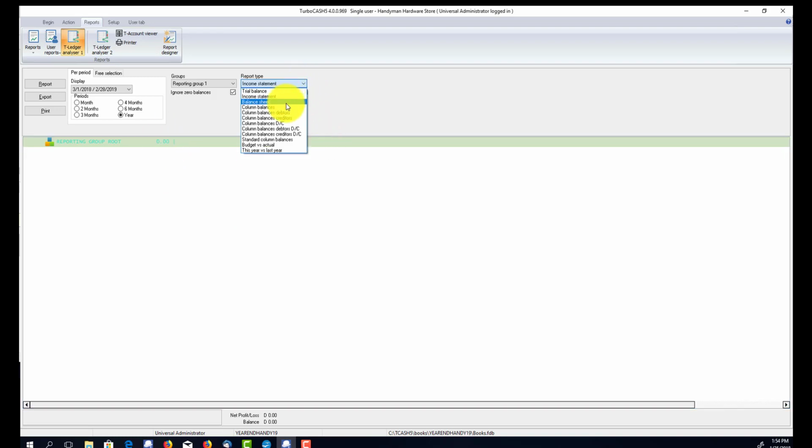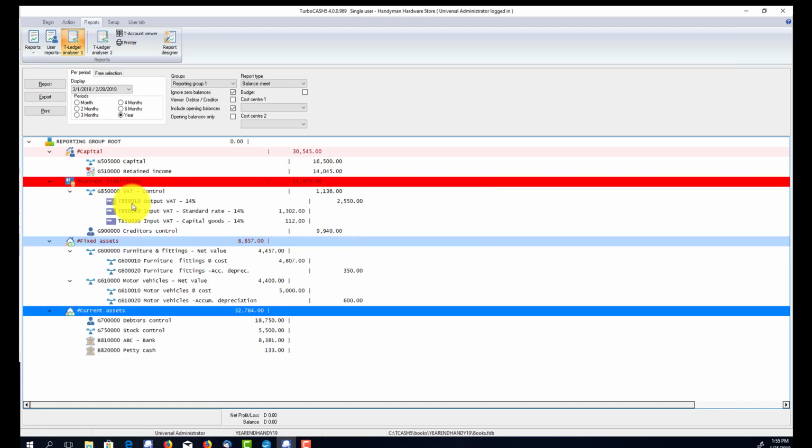And my balance sheet item on the date of 2019, we'll look at that whole year. Include opening balances. Report again. And my opening balances have been carried through into the following year for the reporting.